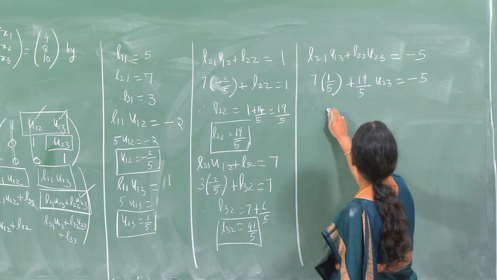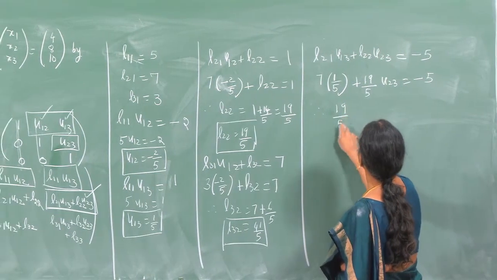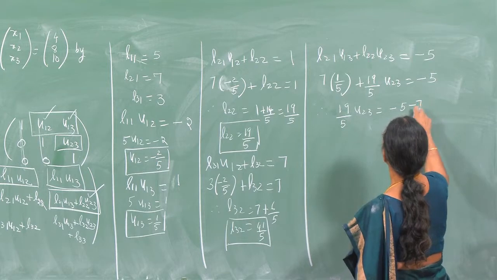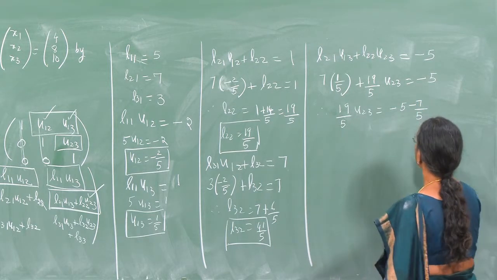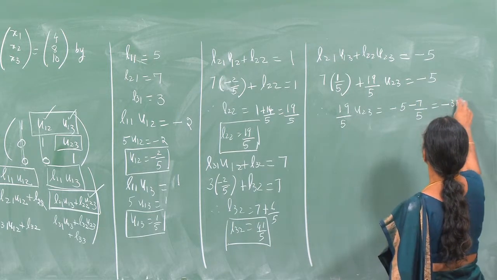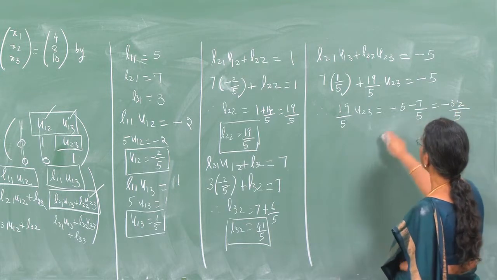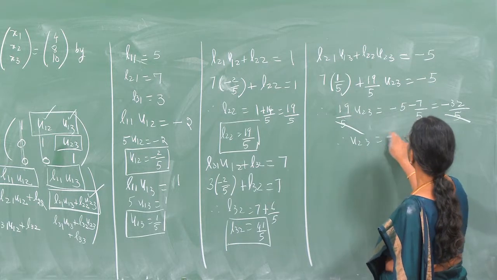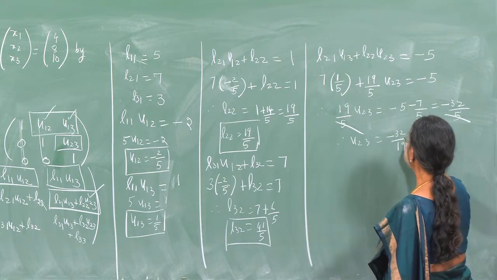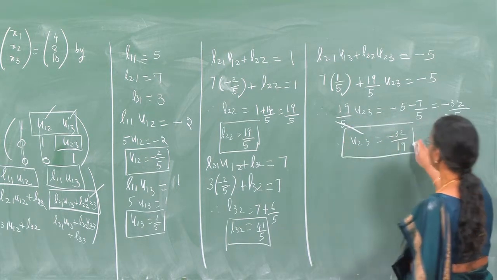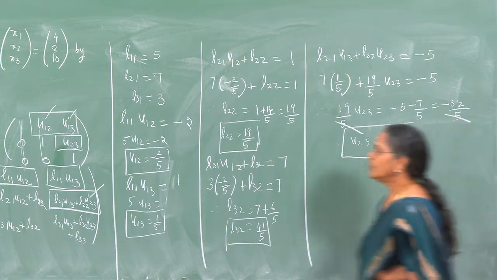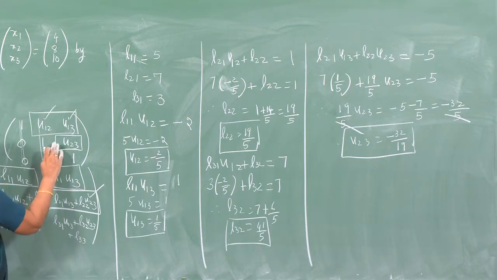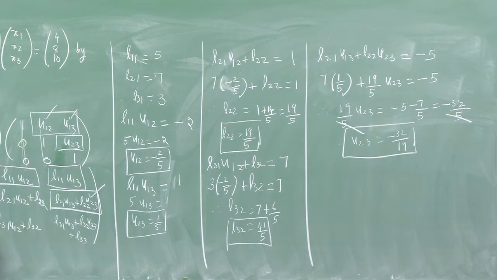So, 19 by 5 into U23 is minus 5 minus 7 by 5, so minus 32 by 5, and therefore, U23 is minus 32 by 19. So, we have determined the unknown in the second row of the upper triangular matrix.